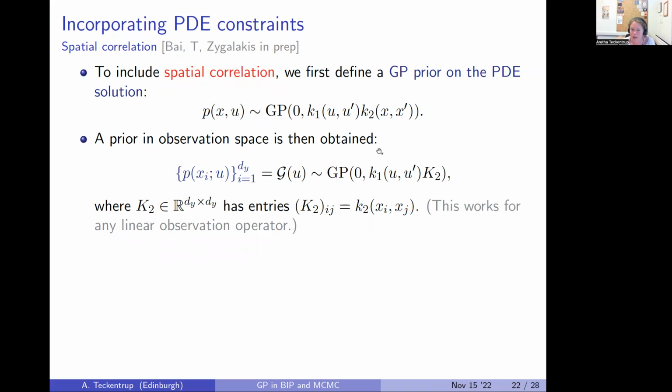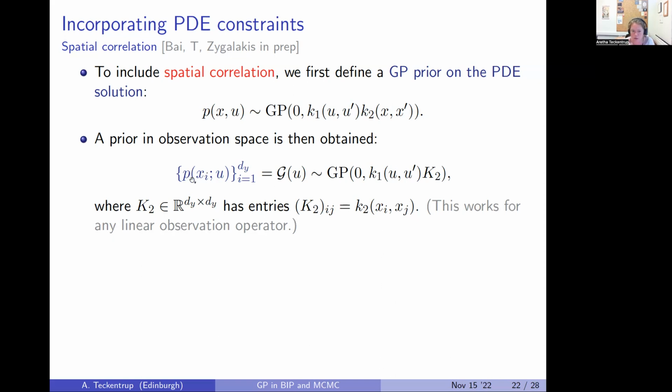If we then want the corresponding prior in observation space, so the prior on G of U, which is just P evaluated at the finite number of points xi, we essentially just use that a linear operator applied to a Gaussian process is again a Gaussian process, and you know what the mean and the covariance are in terms of the linear operator that you're applying.